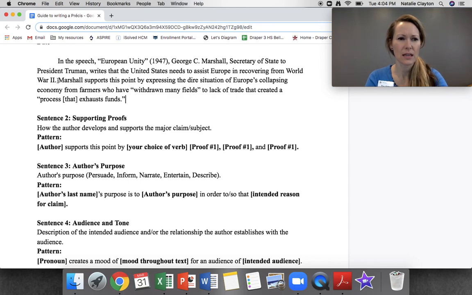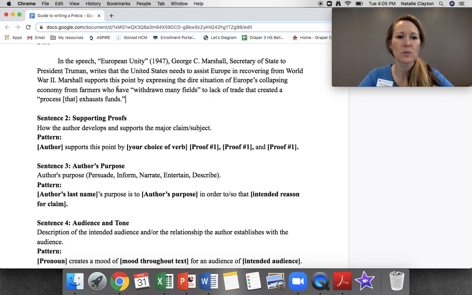So let's look at this again. Did I make a big mistake that we're going to need to correct? Or maybe we want to reword something. So Marshall, this is our second sentence. We have the author that supports this point by, and then whatever verb, I decided to say expressing the dire situation. And then I have the proofs.